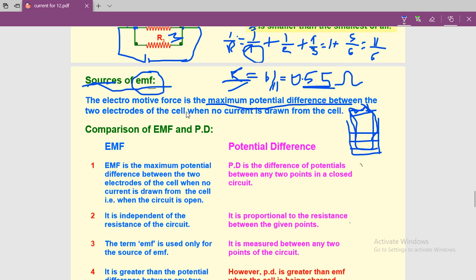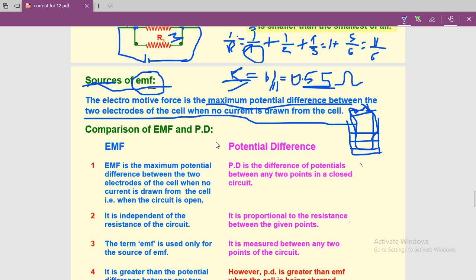It can also be defined as the amount of work done to carry unit charge in the complete circuit, and complete circuit means including the electrodes and the electrolyte of the cell. So we have completed this topic till this point.